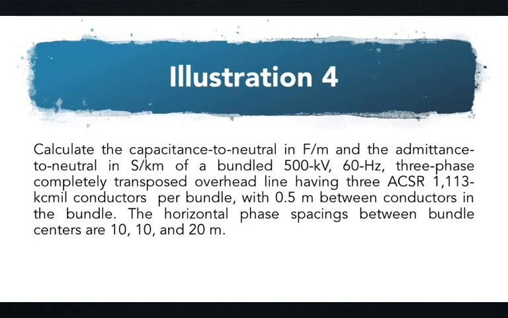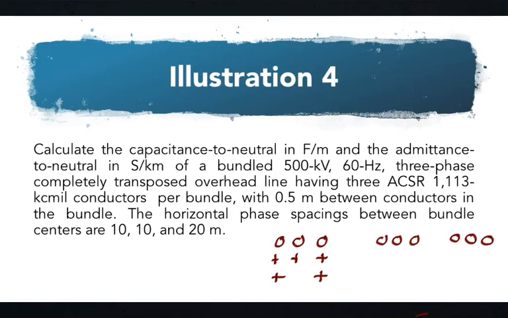Between conductors. So, meaning, if, say, it's horizontal, that is bundle 1, bundle 2, bundle 3, with 0.5 meter between conductors. How would you describe these 0.5 meters between conductors?